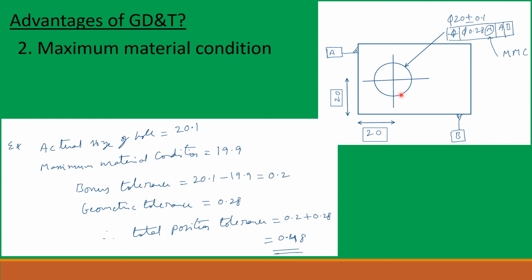If the actual size of the hole is 20.1, for example, the bonus tolerance will be its actual size minus maximum material condition, that is 20.1 minus 19.9, that equals 0.2. This we call as bonus tolerance. The geometric tolerance already specified on the part is 0.28. So the total position tolerance will become bonus tolerance plus geometric tolerance, that is 0.2 plus 0.28, that equals 0.48. This value is much greater than the value we have seen in the previous slide.